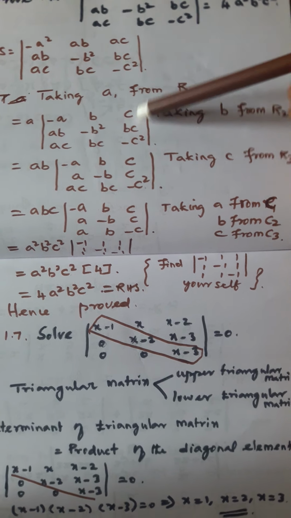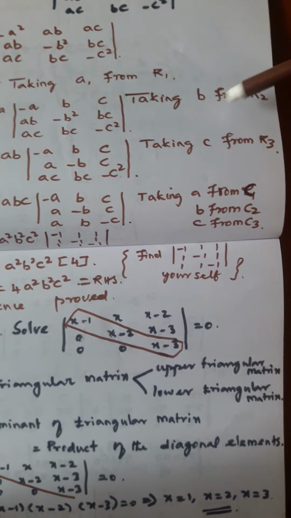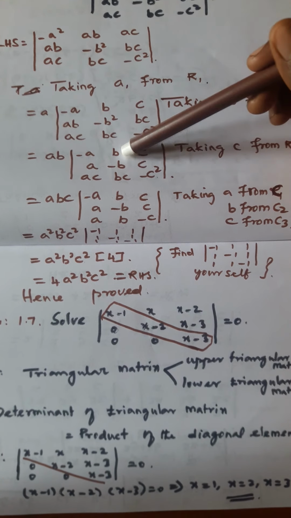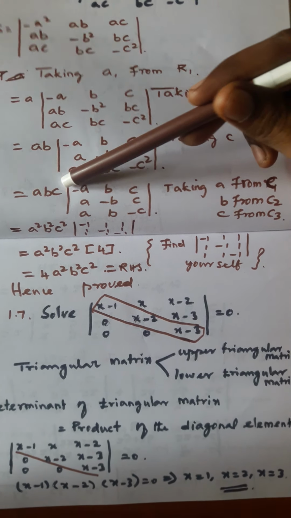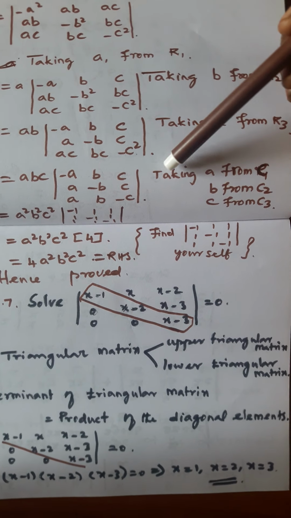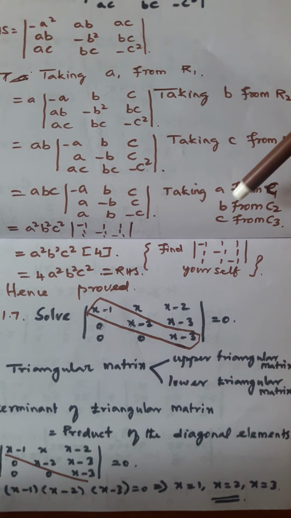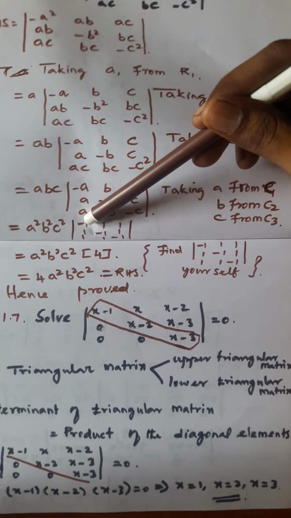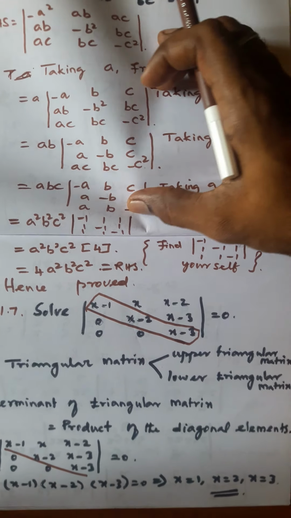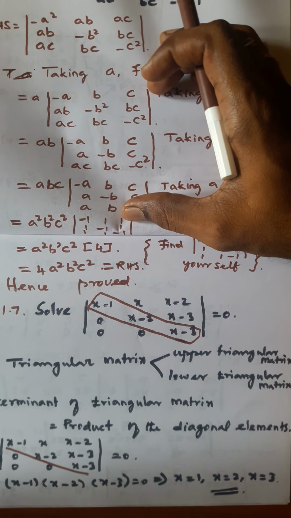Do you understand? So now taking b from R2, c from R3, I have written the values. Like that, taking a from column 1, b from column 2, c from column 3, it will be minus 1, 1, 1, and 1, minus 1, 1, and 1, 1, minus 1.